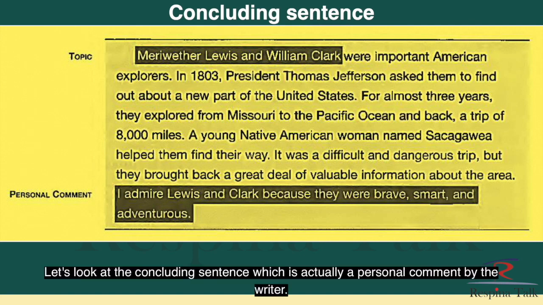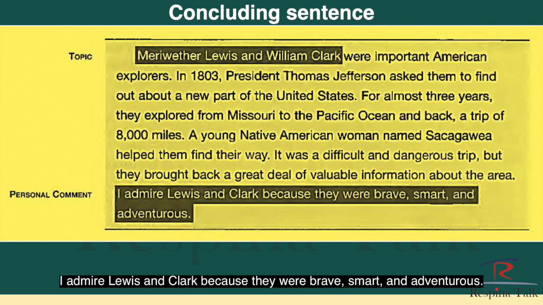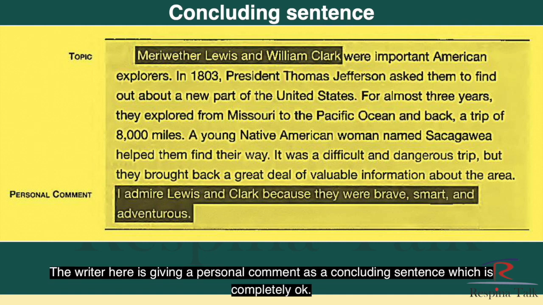So now let's look at the concluding sentence, which is actually a personal comment by the writer. The writer says, "I admire Lewis and Clark because they were brave, smart, and adventurous." Now, the writer here is giving a personal comment as a concluding sentence, which is completely okay.